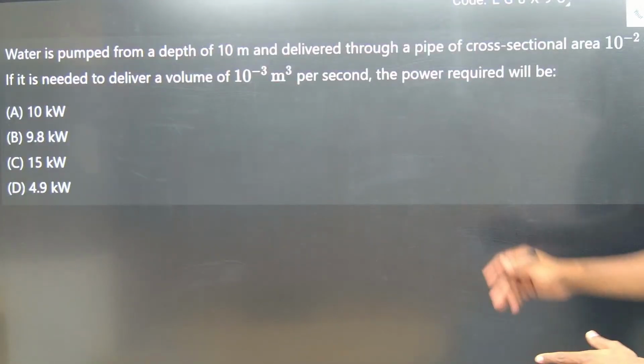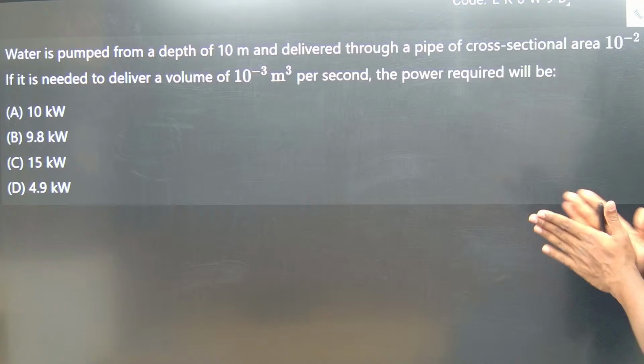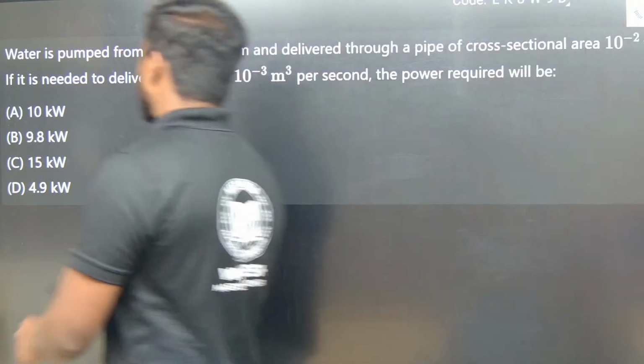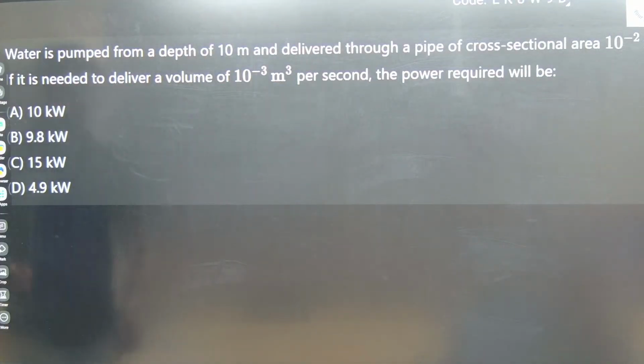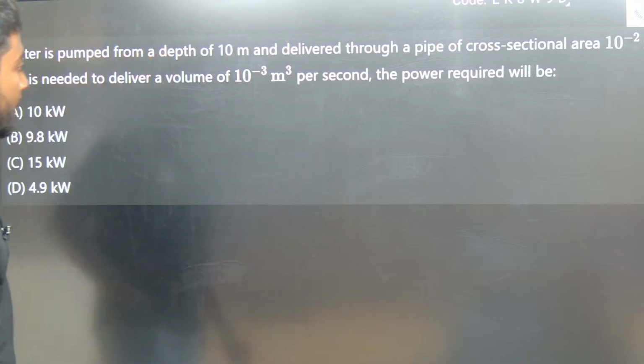Water is pumped from a depth of 10 meter and delivered through a pipe of given cross sectional area. If it is needed to deliver a volume of 10 power minus 3 per second, find the power required. So what is the power formula?